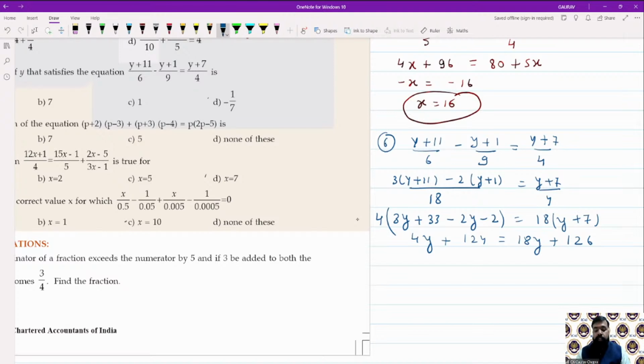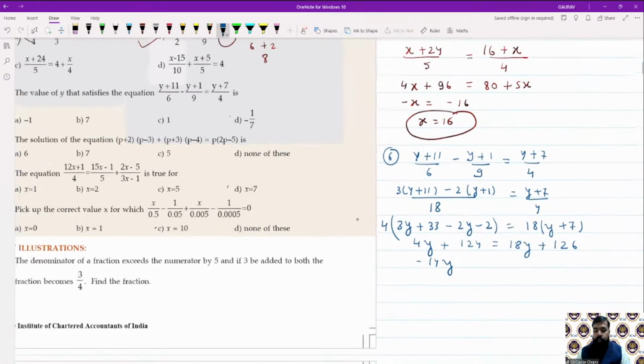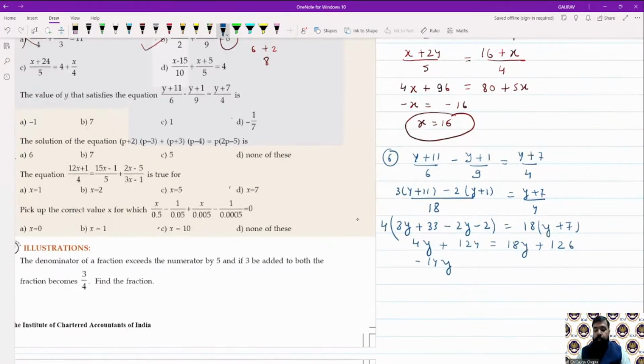So 4y minus 18y is minus 14y, and it is equal to plus 2. So therefore y will be equal to 2 by 14 with negative sign. So minus 1 by 7 is the correct answer.